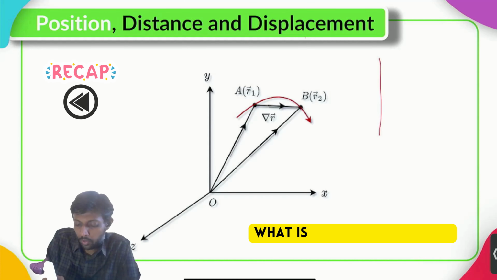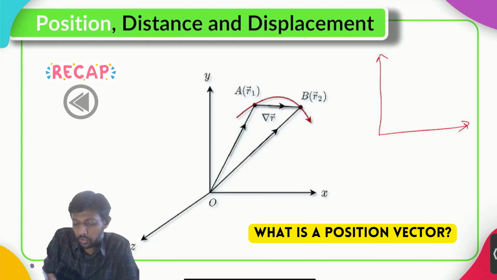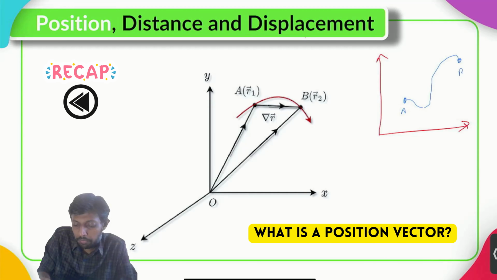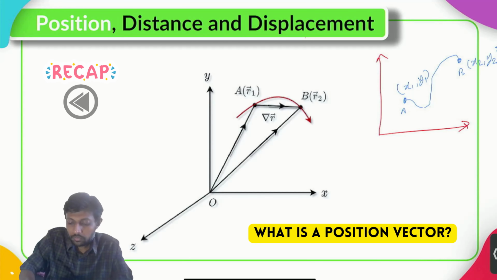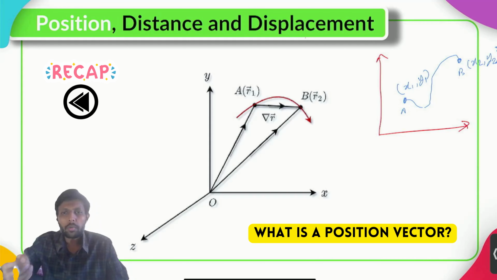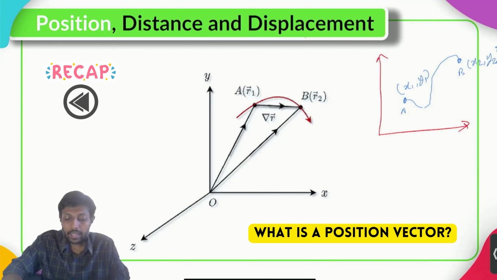If we take the example of two-dimensional motion, that is motion in a plane, let's say the object took a path and moved from place A to place B. Place A's coordinate was x1, y1. Place B's coordinate was x2, y2. So definitely x1, y1 and x2, y2 gives us the position. We are going to look at one more way of representing the position, that is vectors.